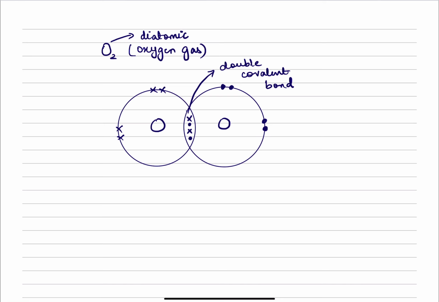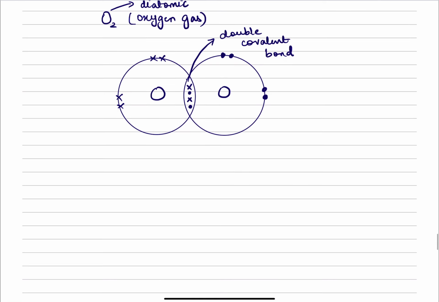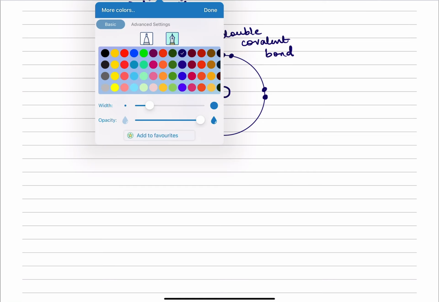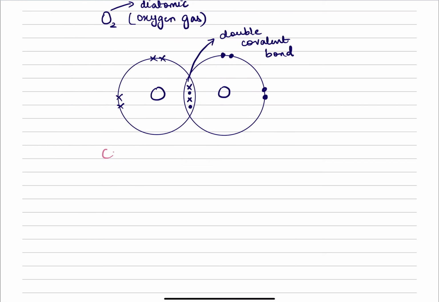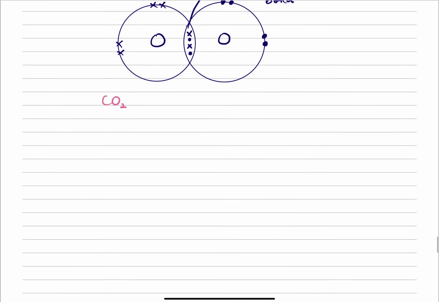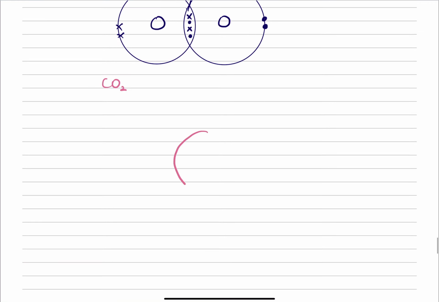Let's look at another example of carbon dioxide. When we look at carbon dioxide, CO2, this means that carbon will be the central atom because carbon shares 4 electrons.